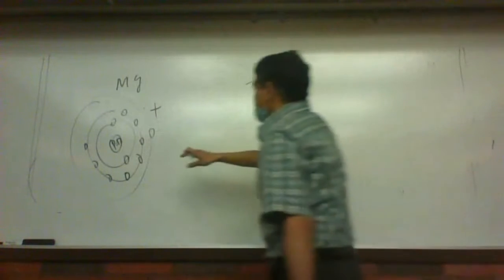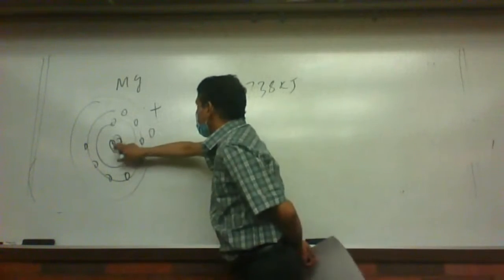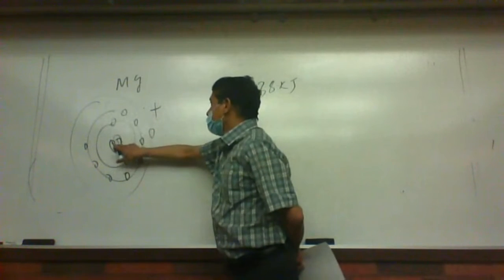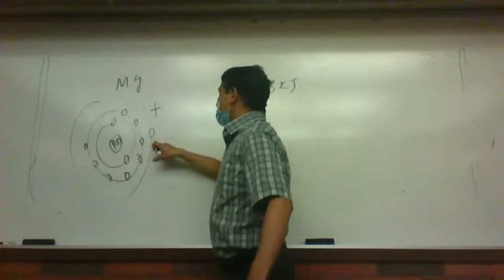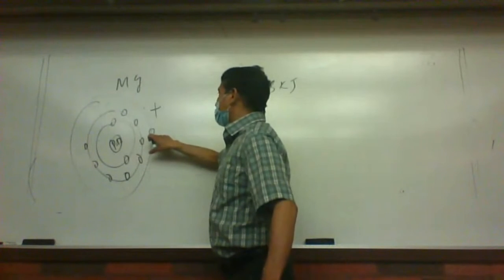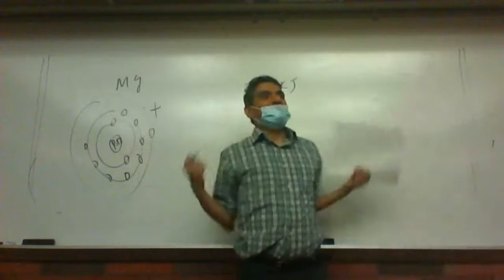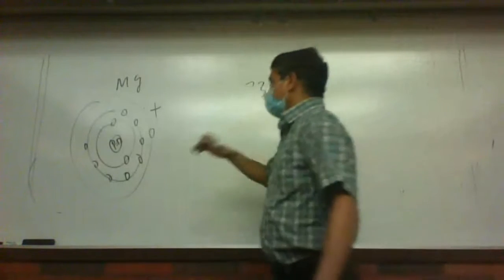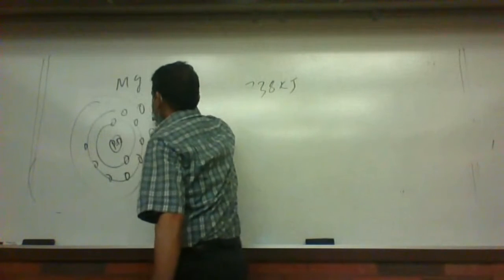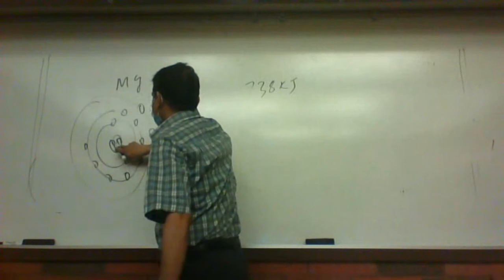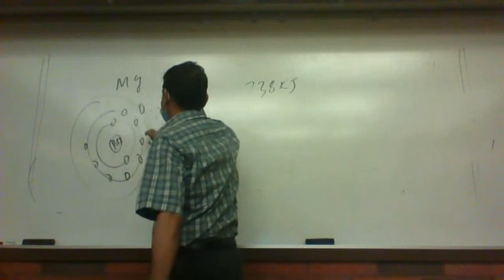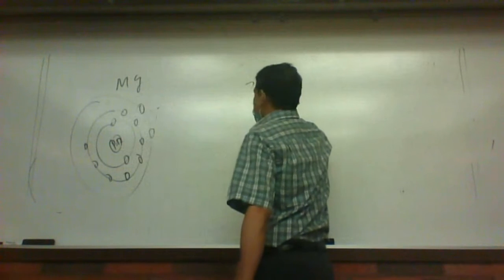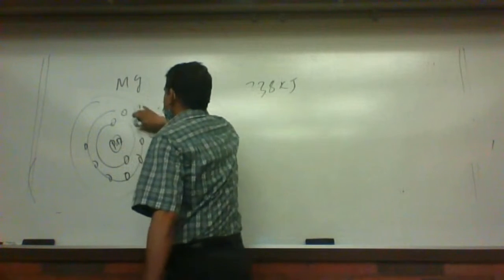Now, if you want to remove another electron, previously the protons were pulling these 2 electrons in the outermost orbit. Now the protons fully exert their force on only 1 electron. So the pull becomes more. Make sense? In ions, the pull becomes more. Previously there were 2 electrons, and the proton force was divided between them, so by giving a small amount of energy you could remove one.